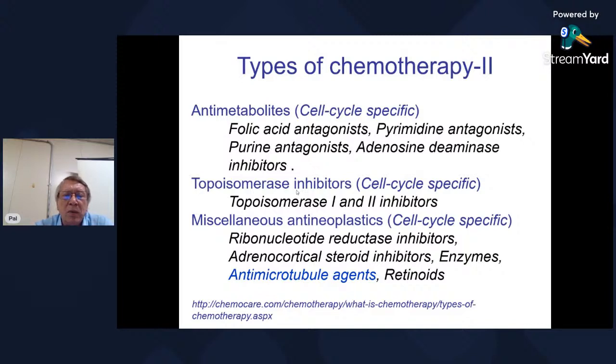If we go further, we can see the antimetabolites, which are also cell cycle specific derivatives, S-phase specific derivatives, because they intervene in the synthesis of new DNA. The topoisomerase inhibitors, we will see them also.